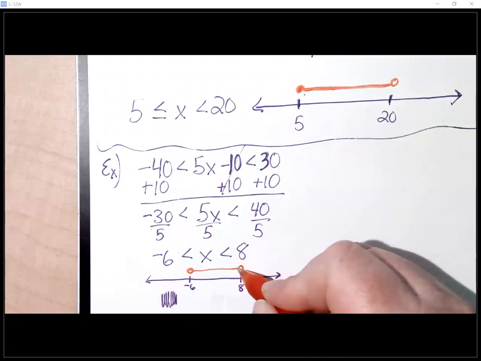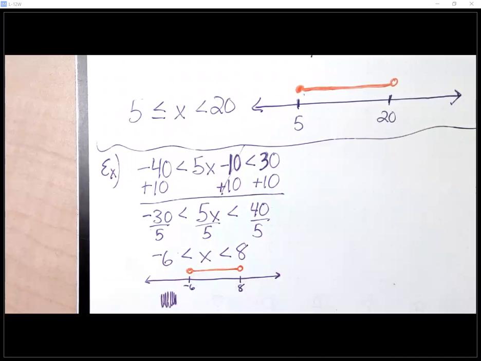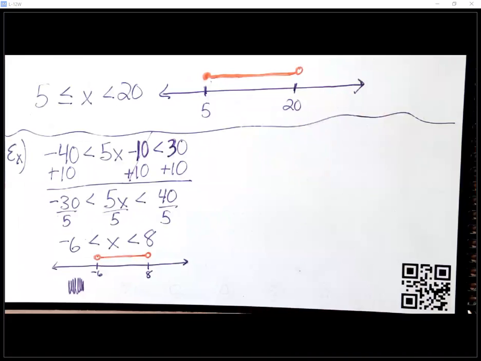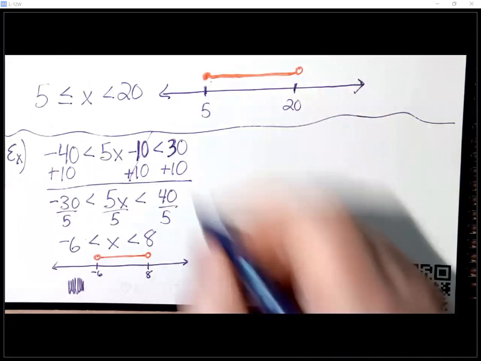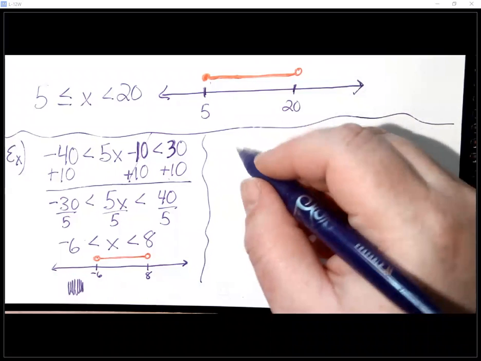So I just have this bar between -6 and +8. Make sure they're both open. That's not so bad, is it? No. All right, I'm gonna give you one more example that's a little weird. Something's gonna happen here, but you know what? We'll figure it out.